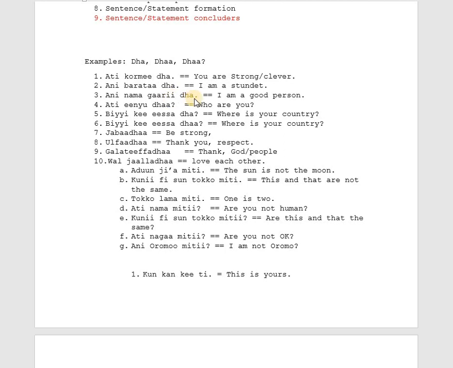In some Oromo dialects, gaari has a different meaning, and it could also be said Ani nama dansaa dha, especially in the Borana dialect, in Borana areas bordering Kenya, or among Oromo living in Kenya. Ani nama dansaa dha is the correct form there, but this also means good person. Gaari means good, while in some places gaari could be something else, I think a vehicle, a car, like that.